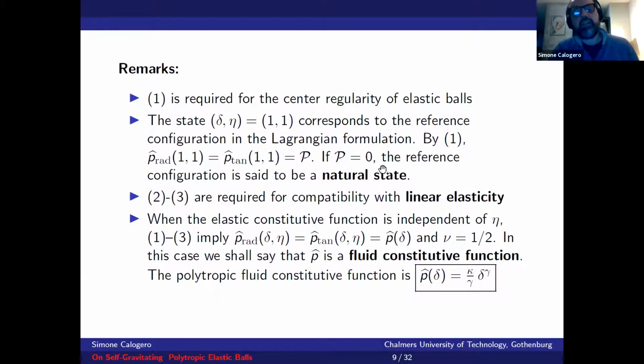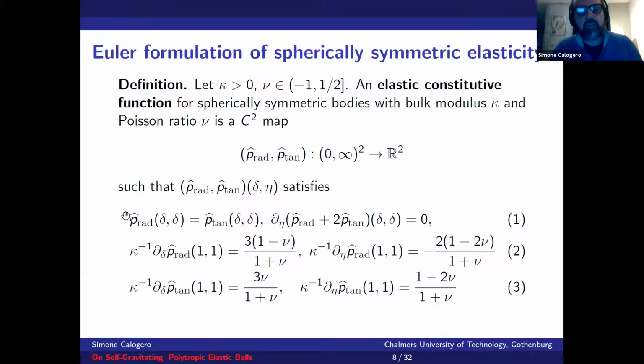If this P is equal to 0, then the reference state is said to be a natural state, a stress-free reference state. This case is included in this definition, but I'm not imposing here that the reference state should be stress-free, for a reason that will become clear later.